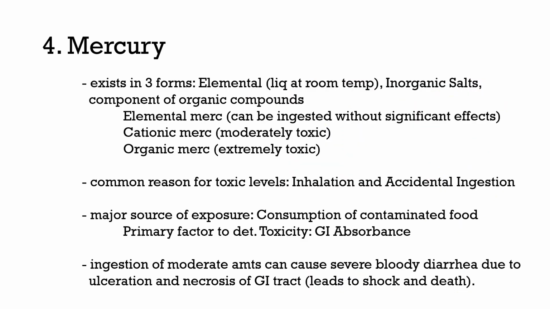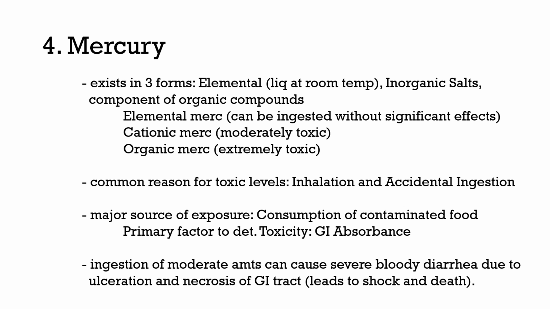Next, we have mercury, which exists in 3 forms. It could be elemental, which is liquid at room temperature, inorganic salt, or component of organic compounds. For elemental mercury, it can be ingested without significant effects. For cationic mercury, it is moderately toxic, and organic mercury is extremely toxic. Okay?